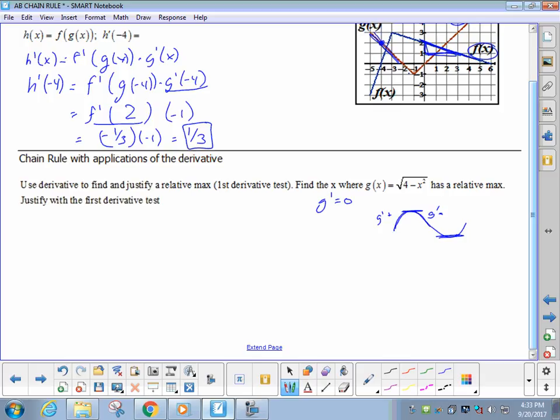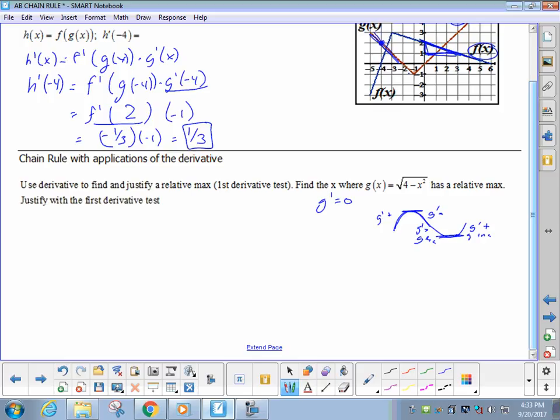Or if around my derivative equals 0 point g prime was negative, indicating g was decreasing, then positive, indicating g went increasing, so I had a min. That's my plan, and then I'll make a nice conclusion with the first derivative test.